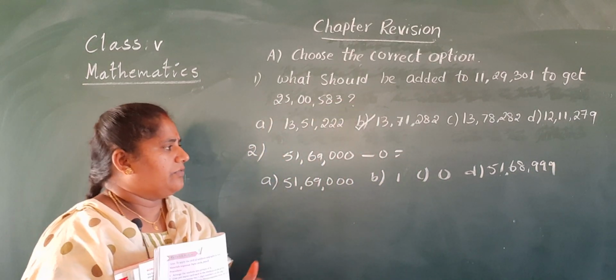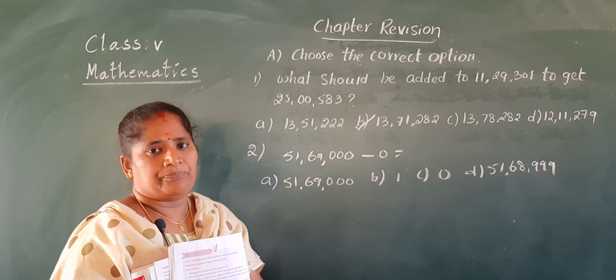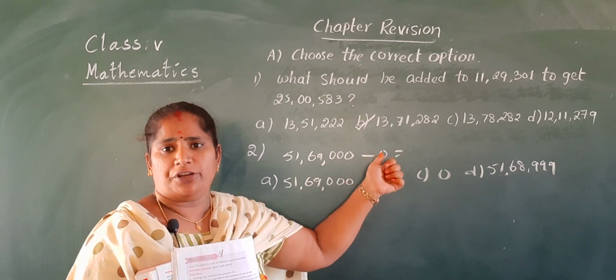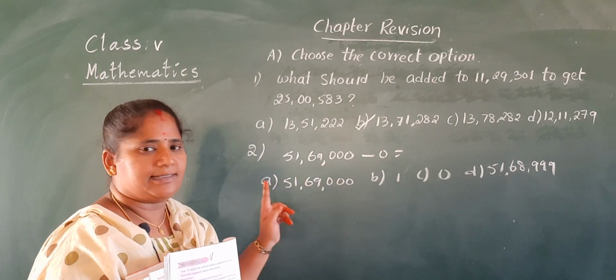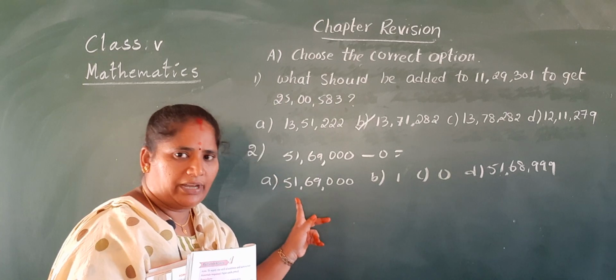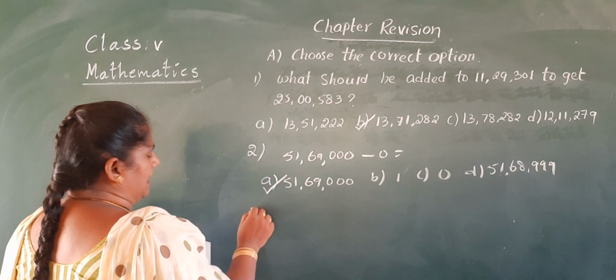See children, if 0 is subtracted from any number, number minus 0, 0 means nothing. So you will get the same number. Where is the same number? Yes, it is in A, 51,69,000. So you put the tick mark for A.